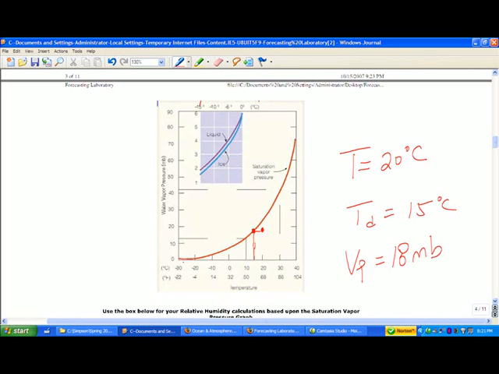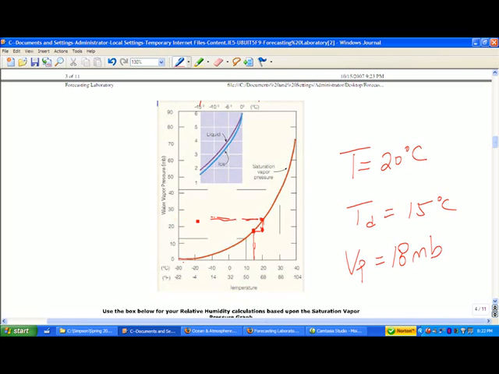Again, I take the dew point and go over to the vapor pressure reading of 18 millibars. Now the saturation vapor pressure, that is where at a specific temperature of 20 we reach the saturation vapor pressure curve. That one goes over to about 25.